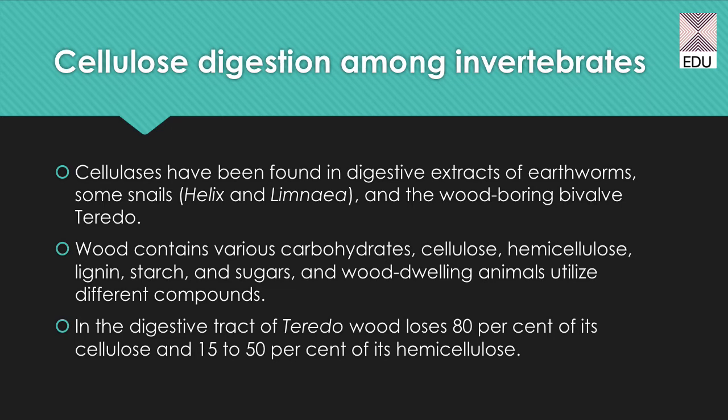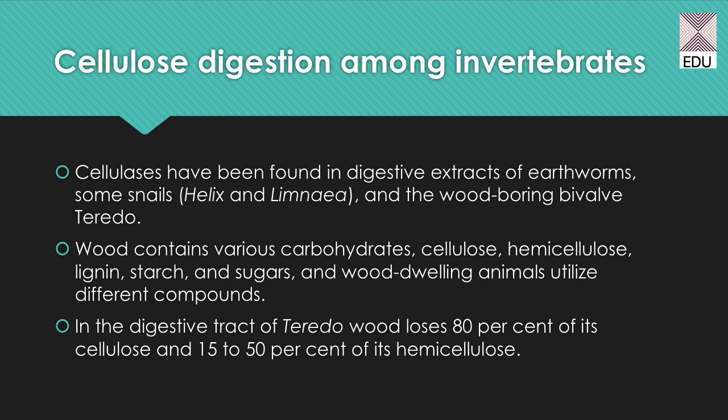cellulose digesting animal. Coming back to the very first line, cellulases have been found in the digestive extracts of these animals. Now we have to see whether these animals produce their own cellulase enzyme, or have some microorganisms in their intestine which produce this enzyme.